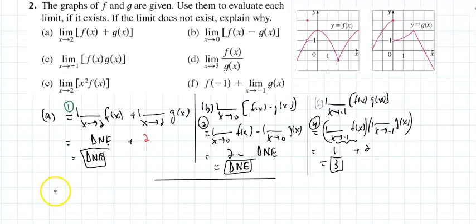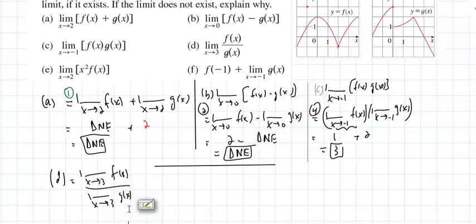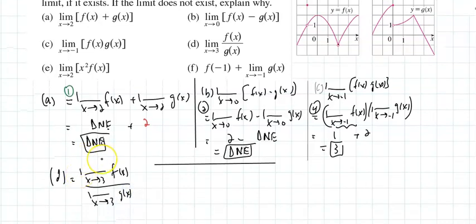If I look at part D, the limit as x approaches 3 of f of x over g of x, I would say that would be the limit as x approaches 3 of f of x over the limit as x approaches 3 of g of x. And what allows me to do that? That is allowed by property or law number 5. And what would that be?